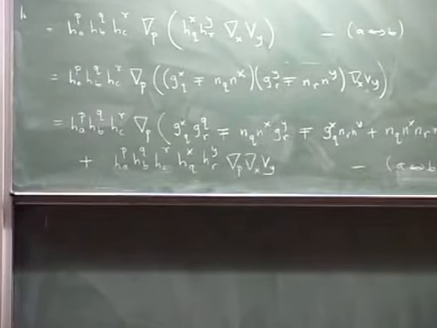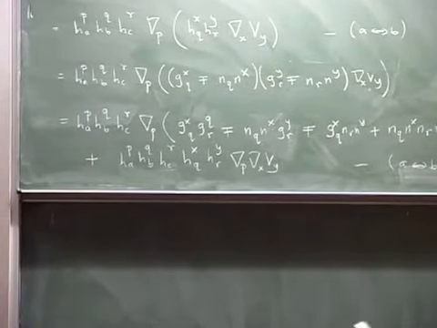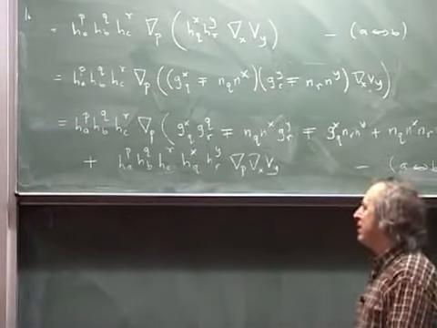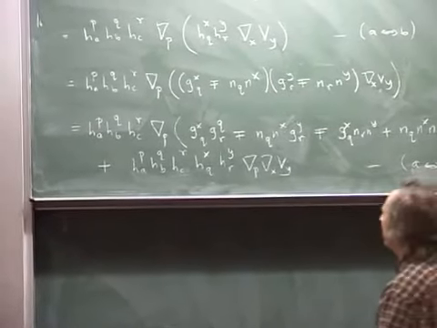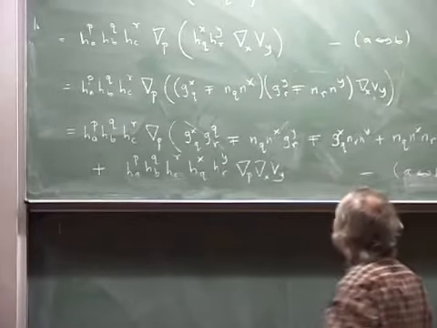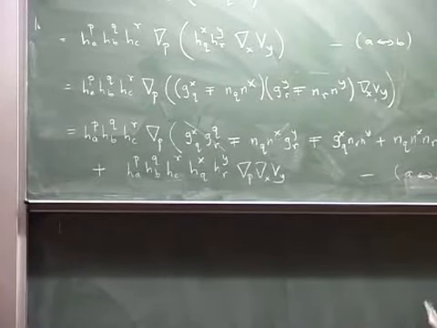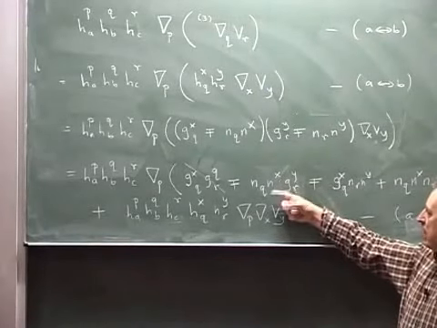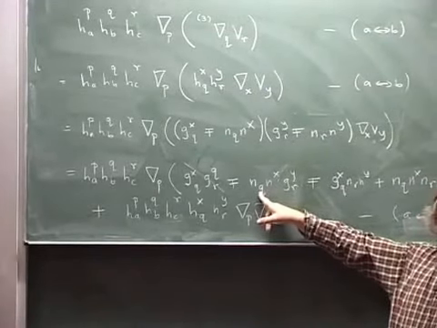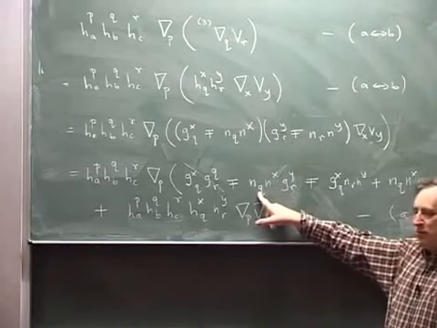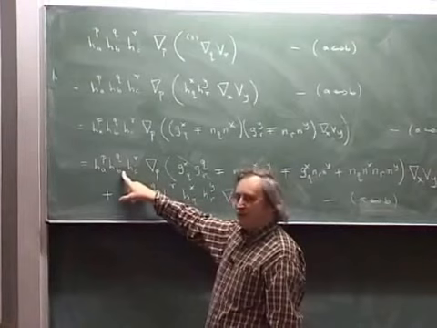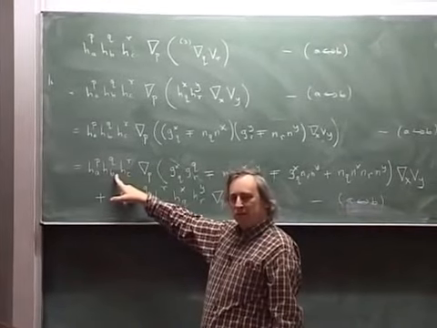Now things start to simplify. The covariant derivative of metrics is always equal to 0, so we can forget that term. Now we want to look at this term here. You have an N_Q here. If you do not differentiate this N_Q, it will come out and hit this H and give you 0.